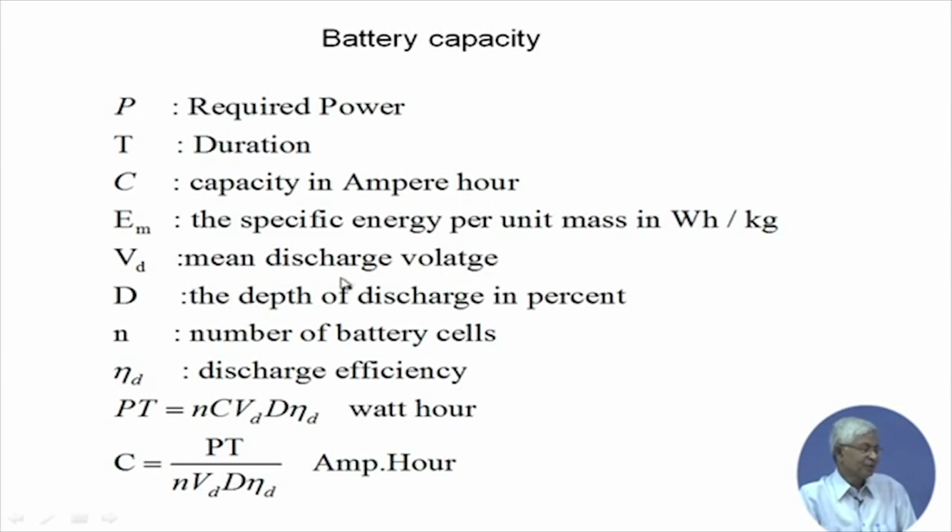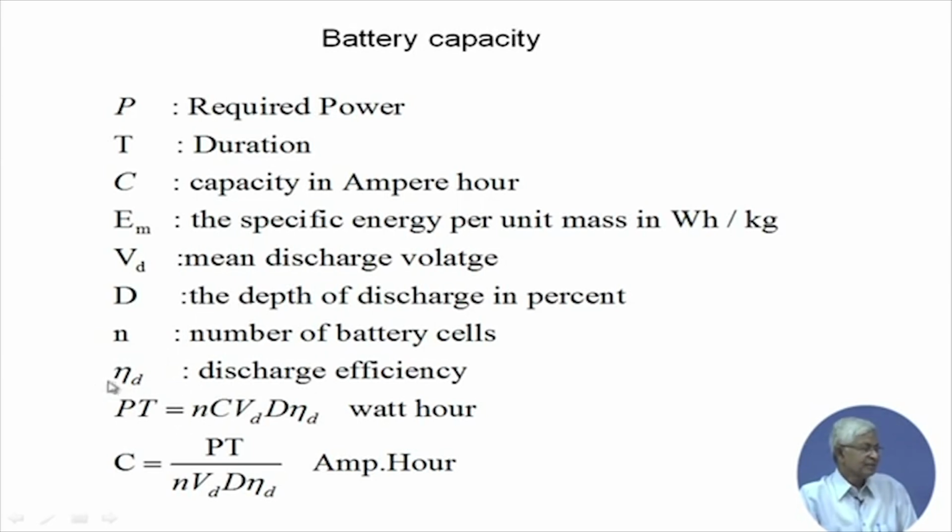Mean discharge voltage: as you draw the current out, the battery voltage will reduce, so the mean discharge voltage is VD. Capital D is depth of discharge in percentage. N is the number of battery cells required, and eta D is the discharge efficiency.